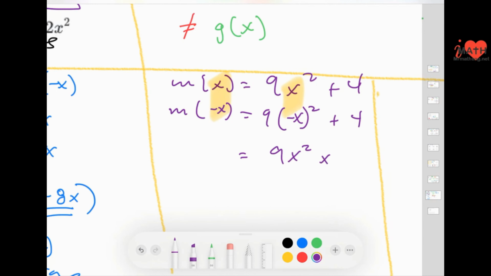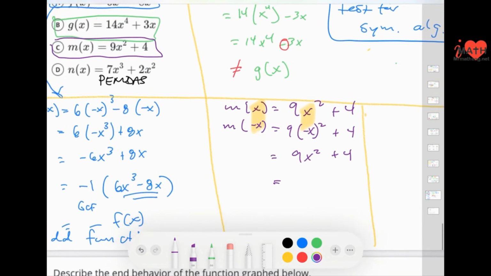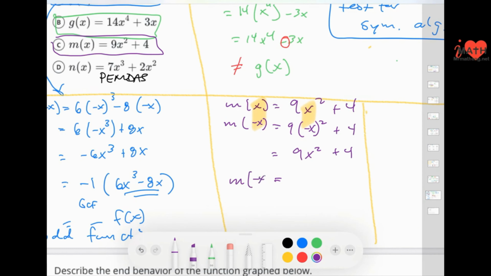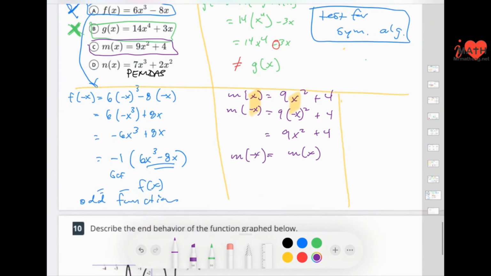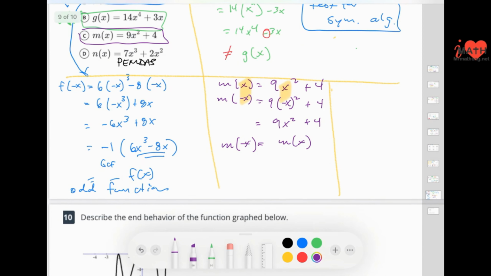So I have negative x squared plus 4. And that is the original. So you would actually write something like this. So this would be an even. This one up here in green, this was actually a neither. So this one is good.